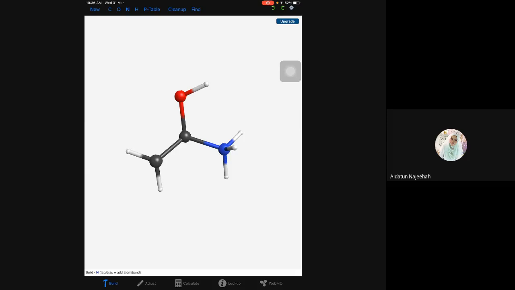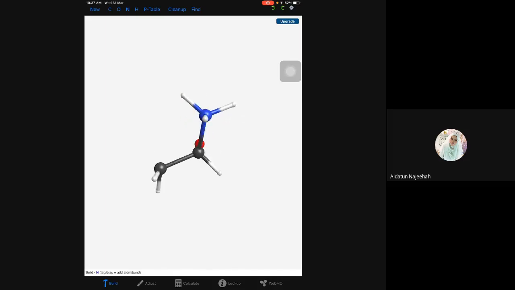So the orientation now would be R. But they are still the exact same compound. I did not change the number of carbon or hydrogen, just the position of the carbon and nitrogen. So you can use this as well.